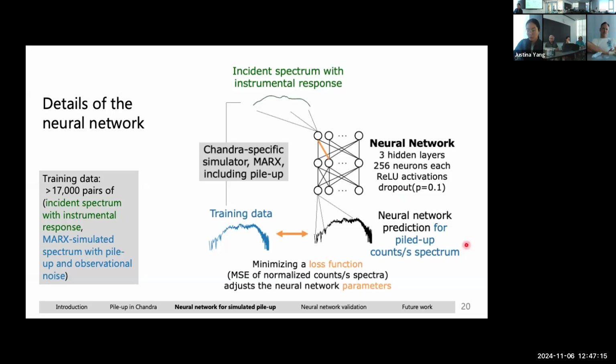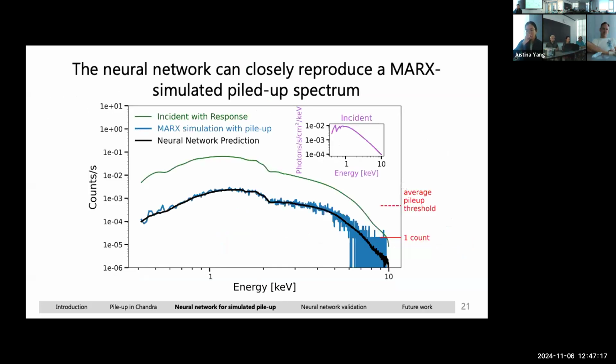All right, so let me show some results. This is a particular draw, but generally the neural network does fairly well at reproducing the Marx simulated pilot spectra. I only have 2 representative examples in this particular presentation, but we can discuss more where this might break down. Generally, though, it does reproduce the pilot spectrum that Marx predicts fairly well.